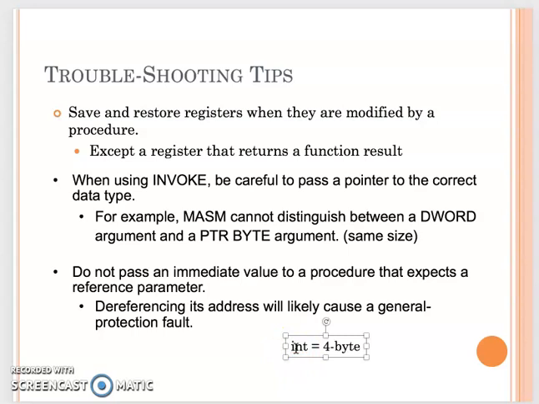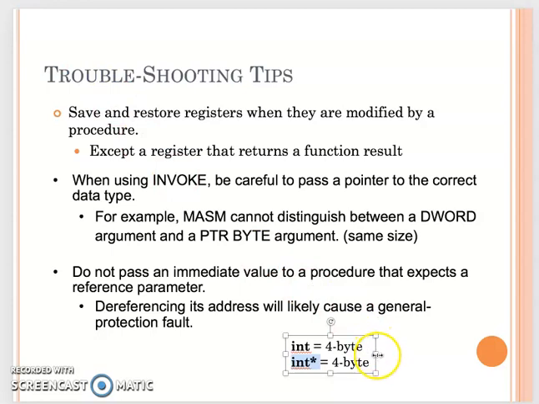But in C++, we understand int and double are two different data. And if you have int pointer, actually in a 32-bit environment, they are 4 byte as well. In C++, we do have these different types. You can have int value passing by value, or you can have int pointer passing by reference.